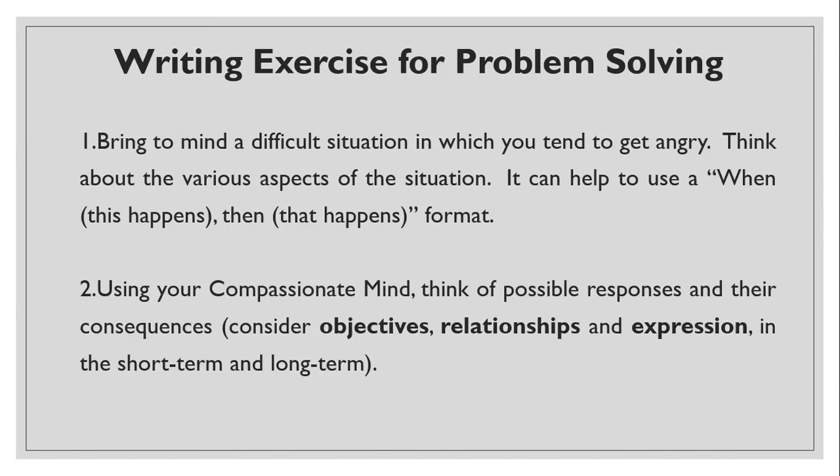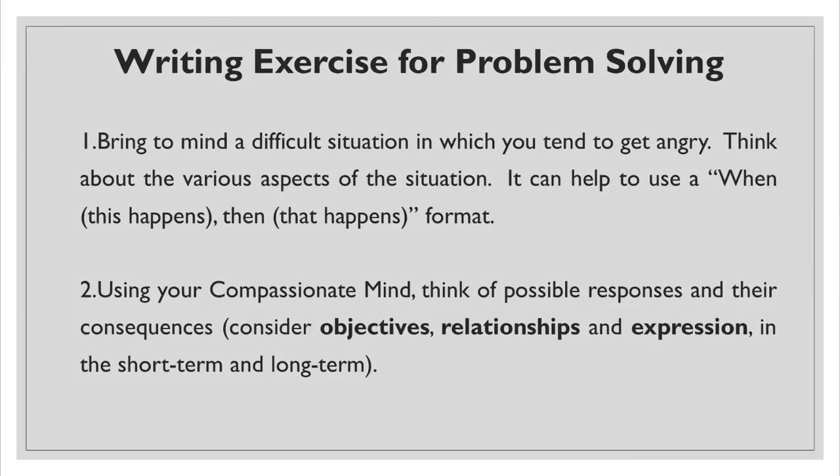So you want to use your compassionate mind, think of possible responses and their consequences, consider objectives, relationships, and expression in the short term and the long term. I believe that by completing the first writing exercise and then completing this second exercise, you will start to strengthen that compassionate mindset, that neural pathway, which is ultimately what the overall goal really is.